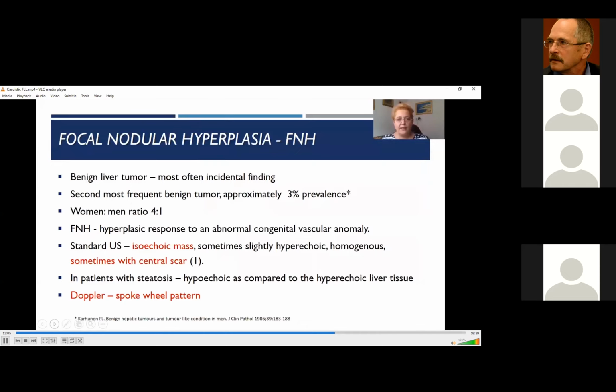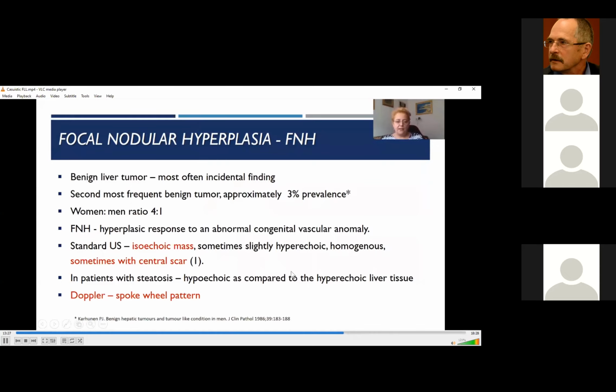Focal nodular hyperplasia is a benign liver tumor, most often an incidental finding. It is the second most frequent benign tumor, also more frequent in women, and is considered to be a hyperplastic response to an abnormal congenital vascular anomaly.